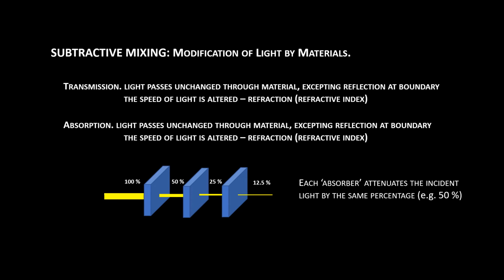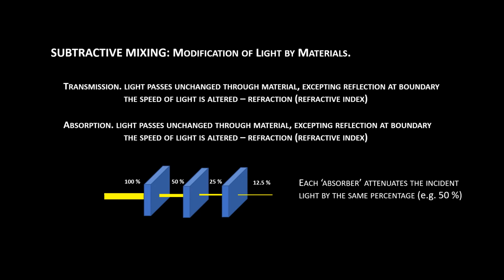So we have an absorber, in this case represented by a blue three-dimensional square. And in our example, we're going to say that each one of those squares attenuates the light by 50%. So it allows 50% of the light to go through. It can be any arbitrary percentage that you want.